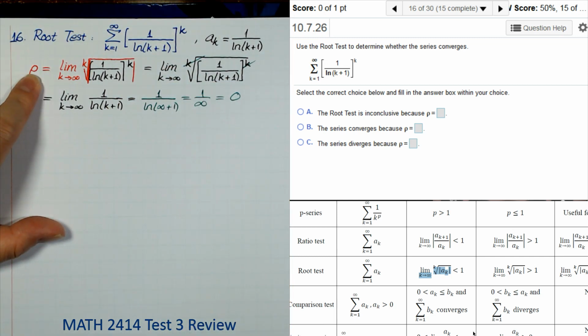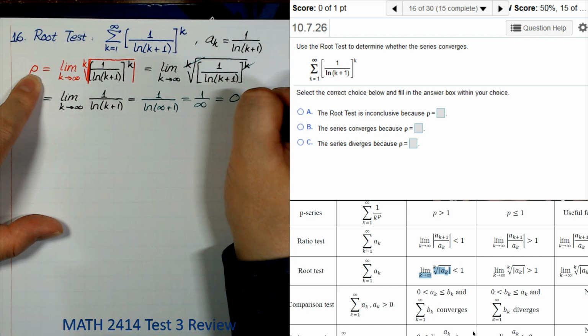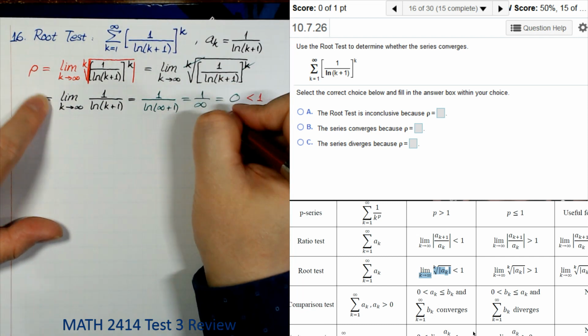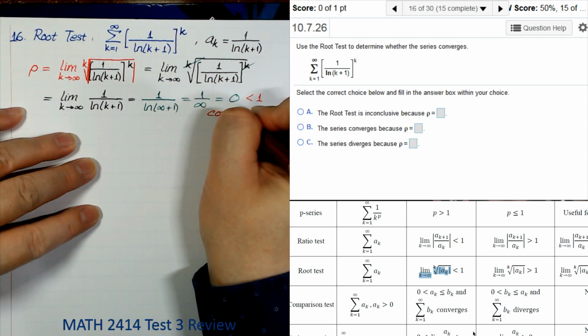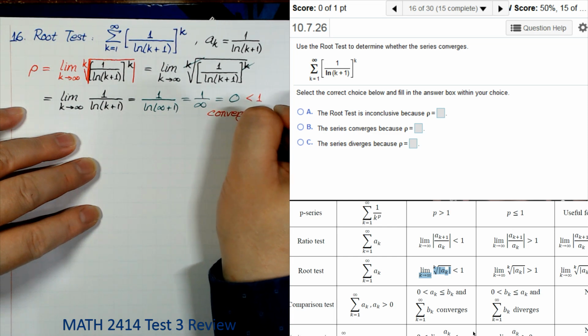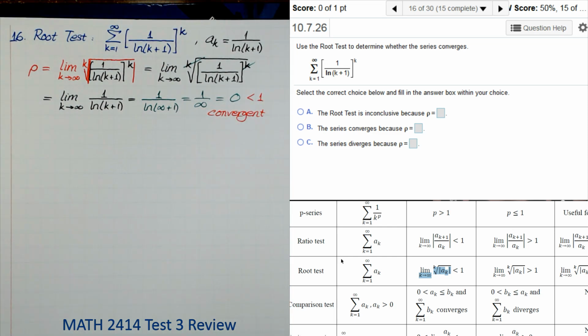If the root is equal to something less than 1, it is convergent. It is convergent because the root test is equal to 1. I mean 0.